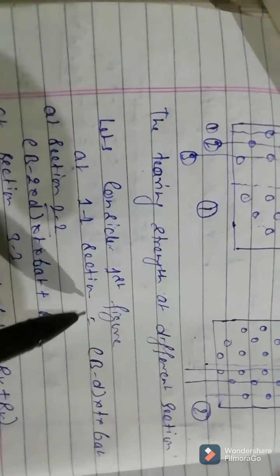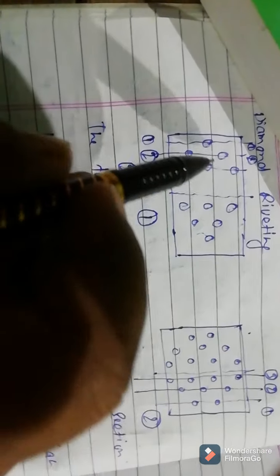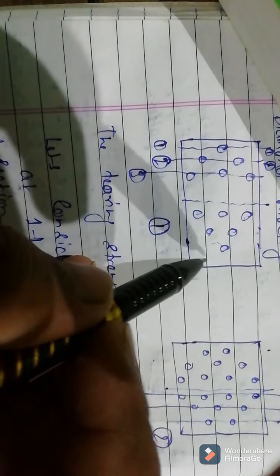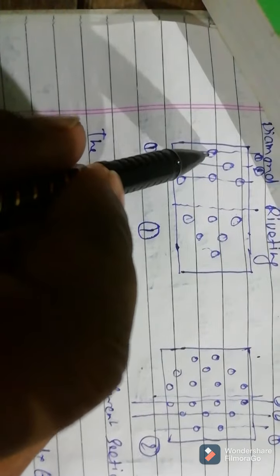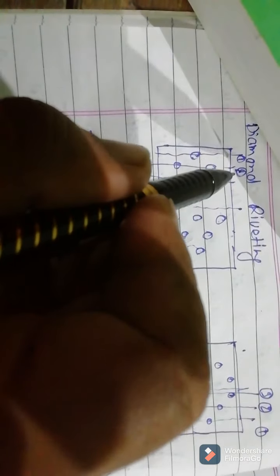So now let's consider the first figure. No matter whether we take this one or this one, we start from the first one. If you take the rivet values, the first is the first section, this is the second section, and this is the third section.